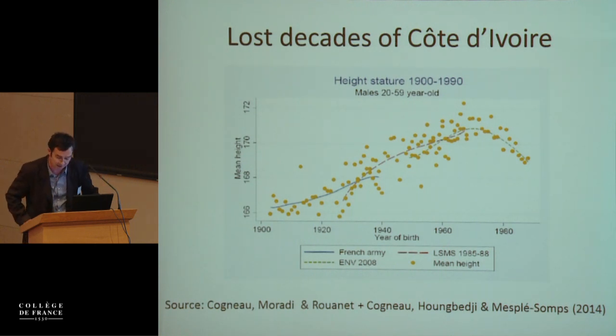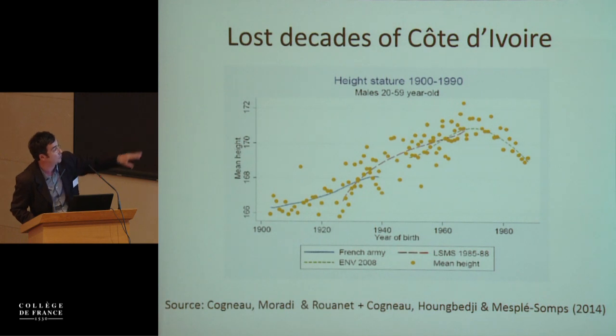So, if I take now the standpoint of an economic historian, and a longer-term standpoint, here is another development indicator that is very much liked by some economic historians, that is height stature in centimeters. The graph depicts the evolution of height stature across birth cohorts.